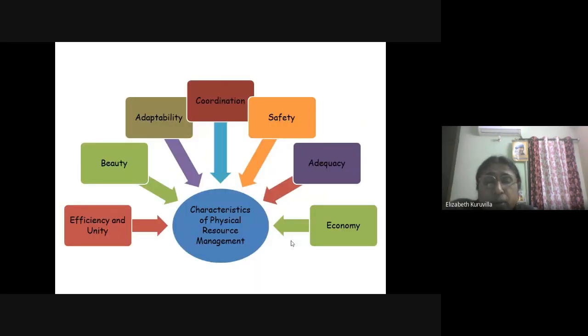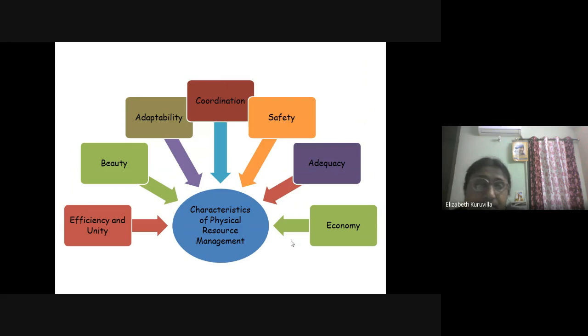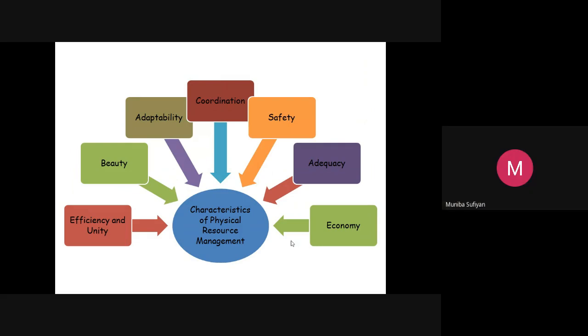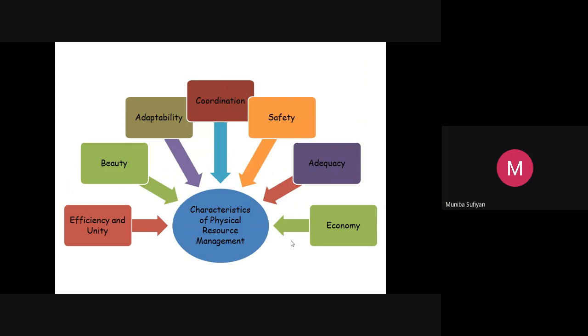Now we have come to the point of characteristics of physical resource management. What are the characteristics of physical resource management? I request Muniba to read them. We have coordination, safety, adequacy, economy, efficiency and unity, beauty, adaptability.